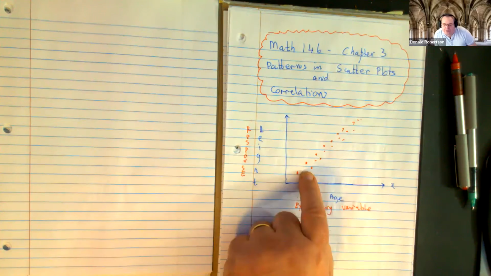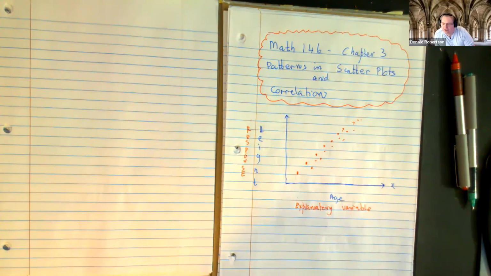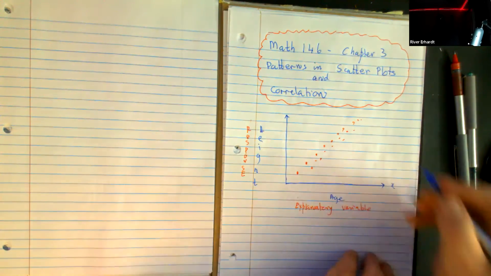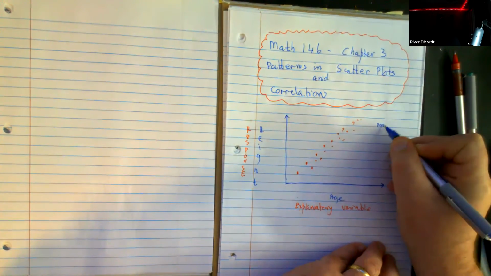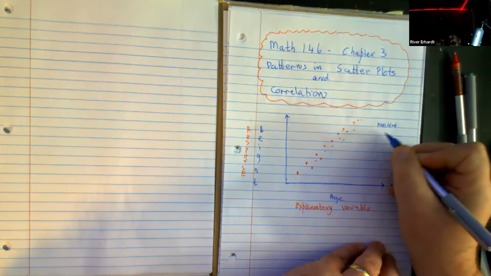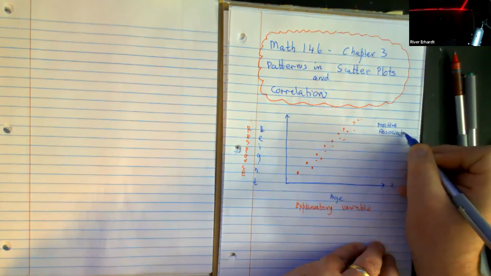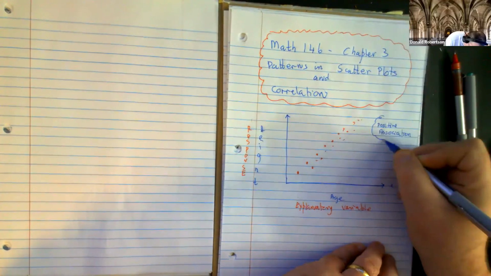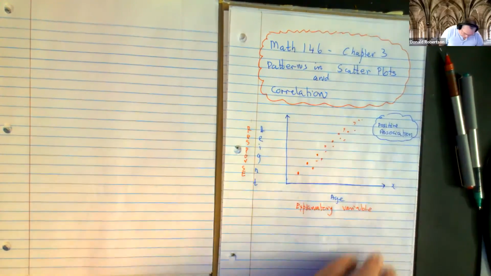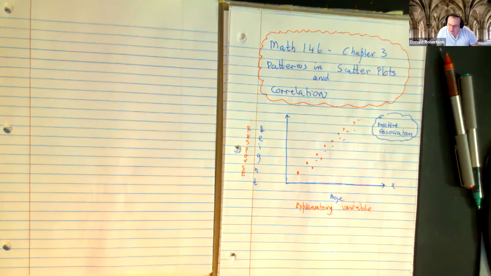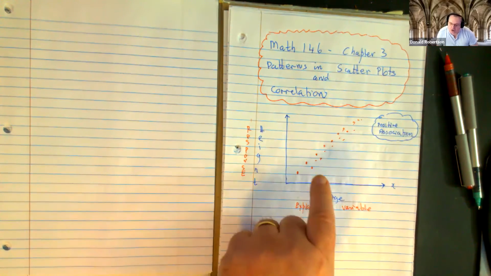Is this a positive or negative association? Positive. I'm going to put bubbles around them for no particular reason. They look pretty. Is this linear or curvilinear?